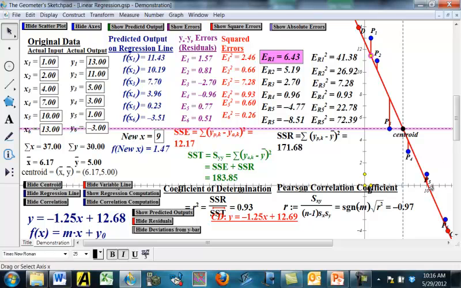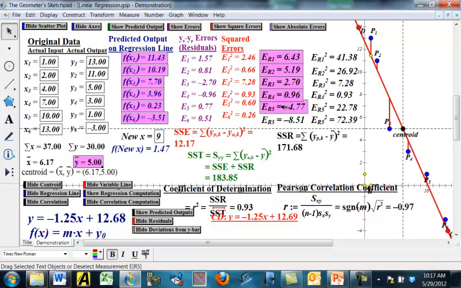Some of them are below. If it's below the y bar line, then those distances will have negatives in front of them. Square those amounts, so take the 6.43 and square it to get the 41.38. Repeat this for all of the different y's. So we're taking, again, the y predicted minus the y bar to get these guys here.